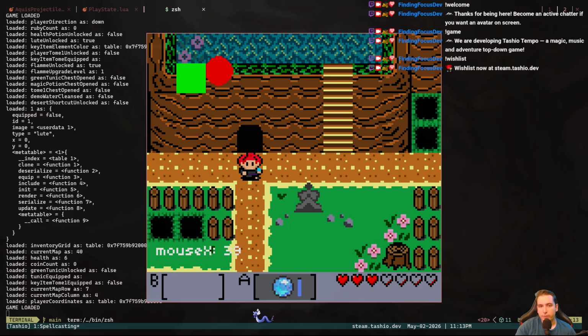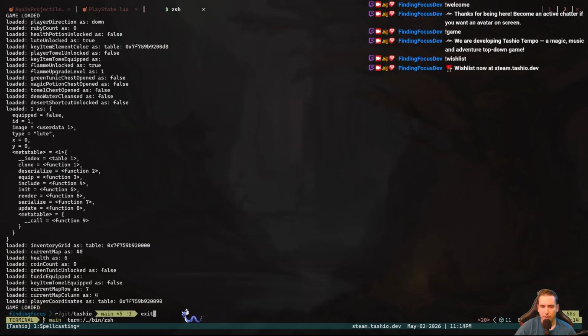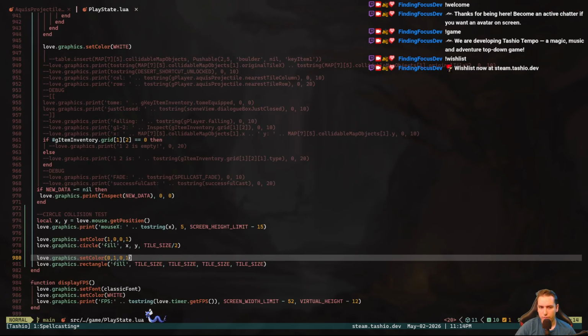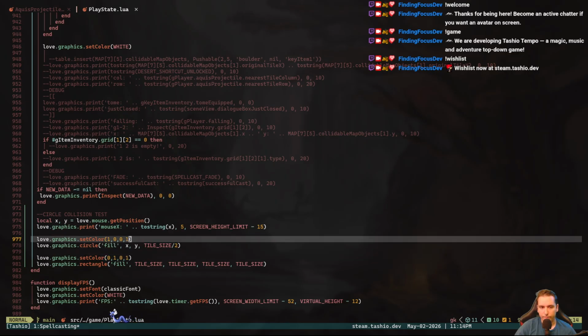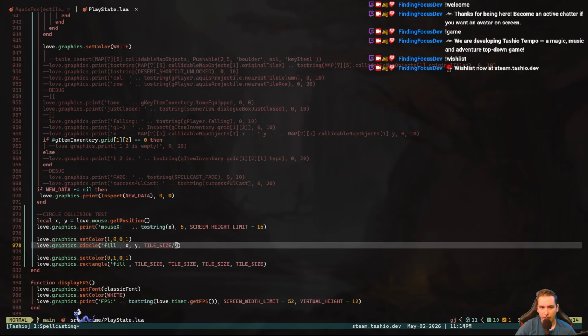So what I want to do is test some logic. We've got this circle rendering at our mouse position. And if we could trigger this square to be a different color when we're colliding, we can see how good our logic is. Now we have an X and a Y that we're rendering our red circle at.